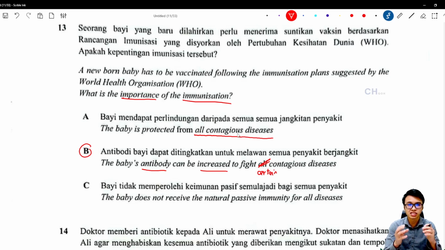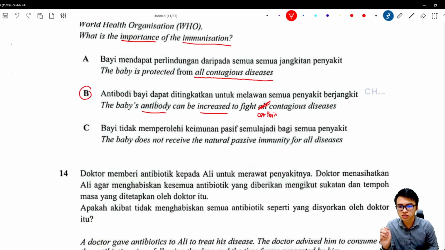Contagious basically means a disease that can be spread, transferred to another human. The last one is confirmed wrong already, because it says the baby does not receive natural passive immunity for all diseases. This is not the main idea. The baby can still get some natural passive immunity, but not for all diseases.